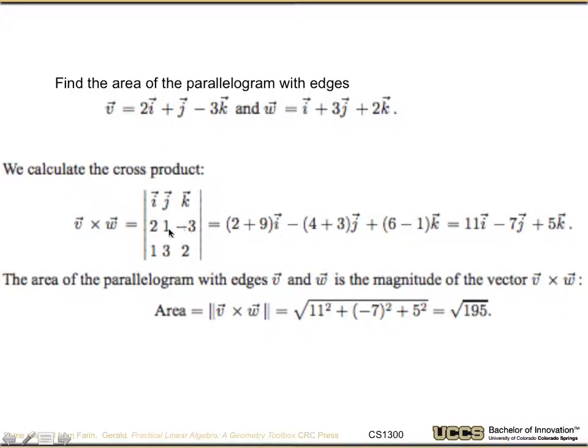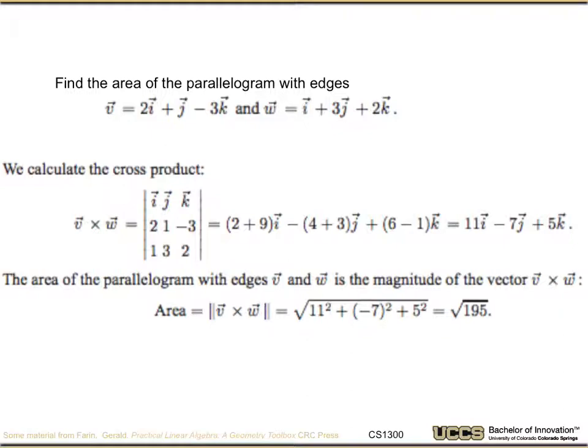And for k we get 6 minus 3 times 2 and 1. Altogether we get 11i plus 7j plus 5k. Then the area of the parallelogram is just the magnitude of that vector. So we take the cross product and take its magnitude, and we get the square root of 11 squared plus 7 squared plus 5 squared, which is the square root of 195. I would just leave it that way, or you could calculate it with a calculator if you want.